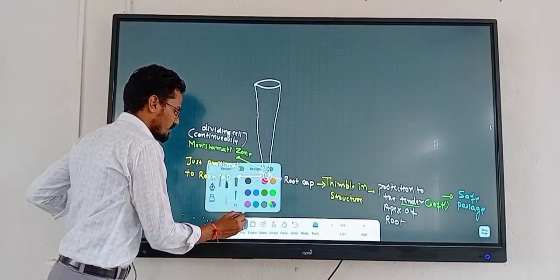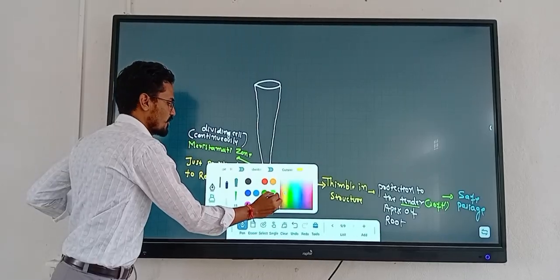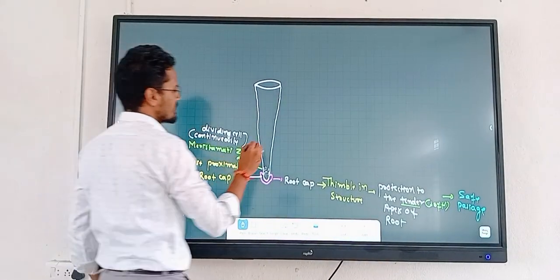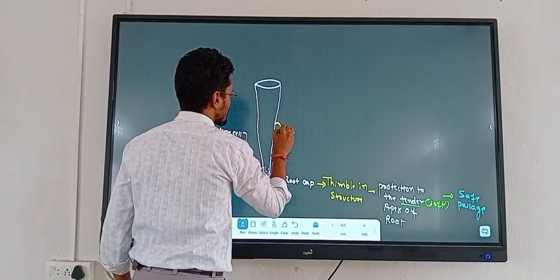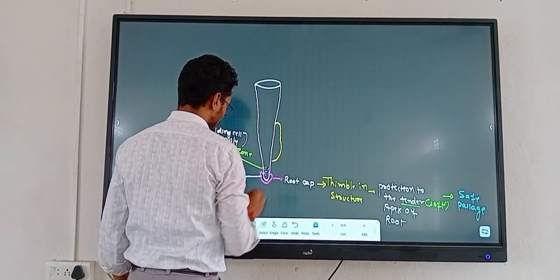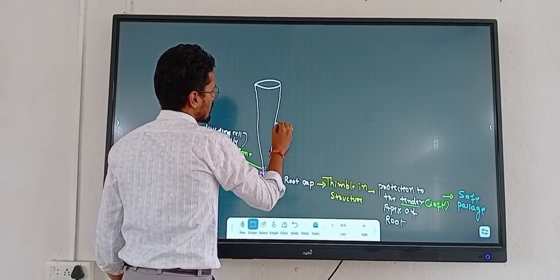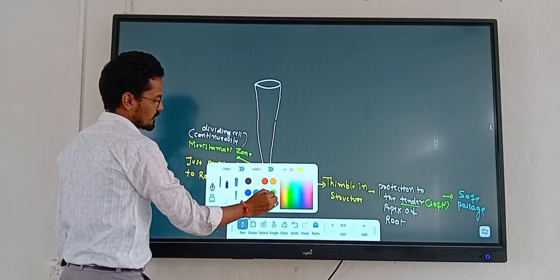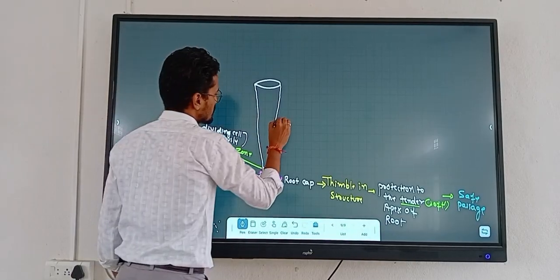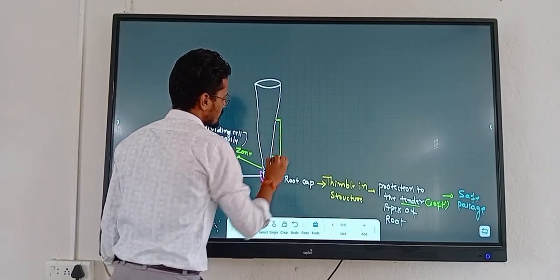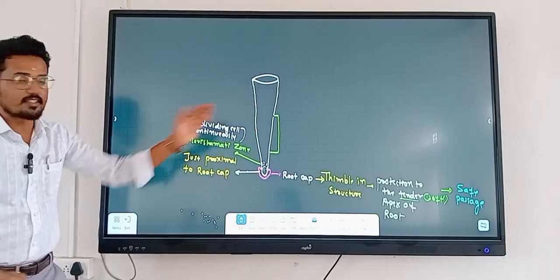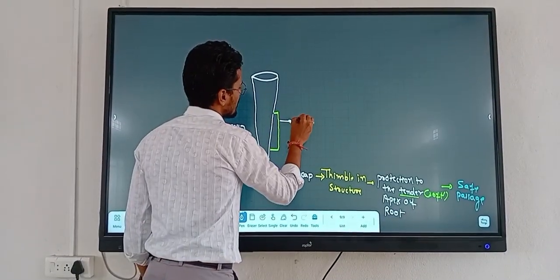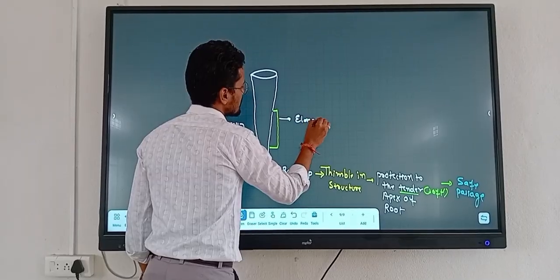Okay, next, proximal to this meristematic zone, there is an elongation zone. After the proximal side of this meristematic zone, that one is called the elongation zone.